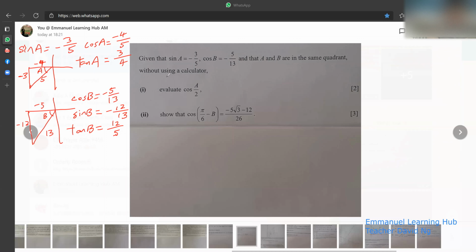Then they ask you to evaluate, without using a calculator, your cosine half A. You've got to use the half angle formula: cosine 2x is equal to 2 cos squared x minus 1.